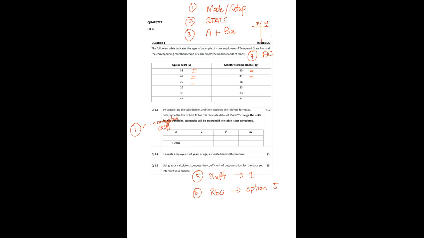And then R squared, which is now the coefficient of determination that they're asking you for in this question. So you'll see option, I think it's 3, if I'm not mistaken. Option 3 on the calculator says R.